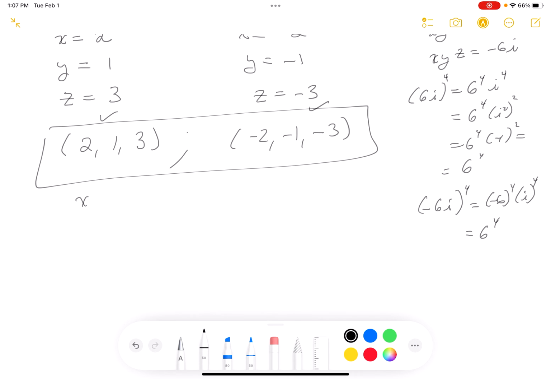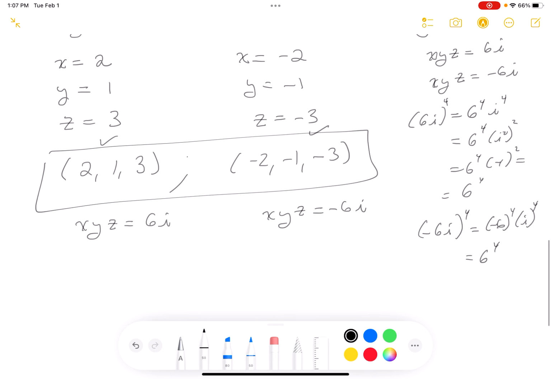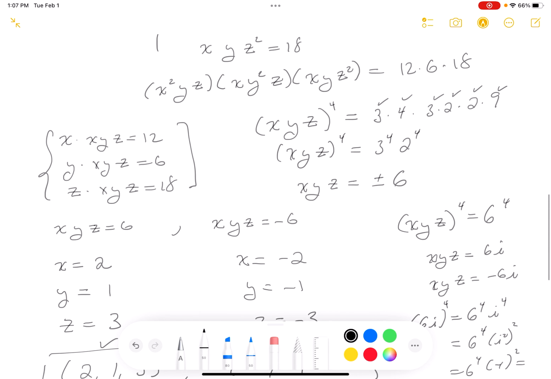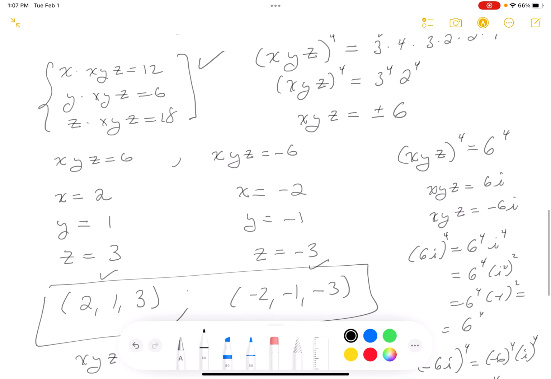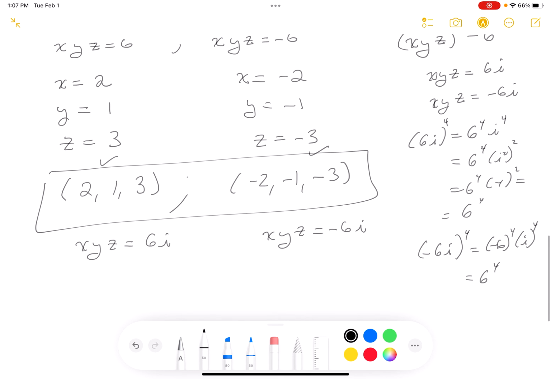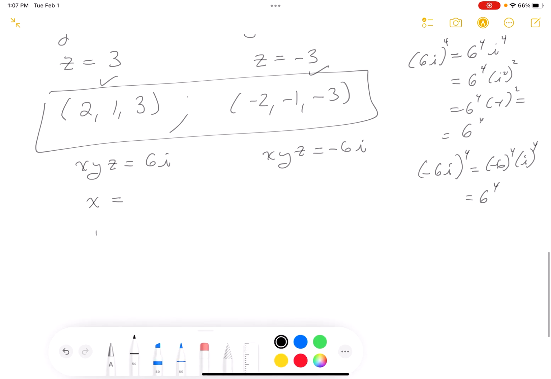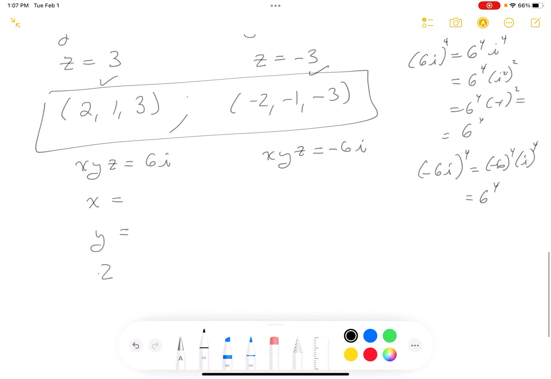So let's say xyz is 6i. And let's say xyz is minus 6i. And again, we're going back over here to this, and fairly simple to do, all right? So what are you going to get? Let's write this down. We're going to write down x, y, and z here.